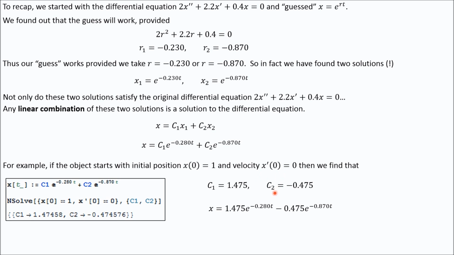So that's an interesting and important point: when we have a second order differential equation, we can deal with two initial values rather than one.